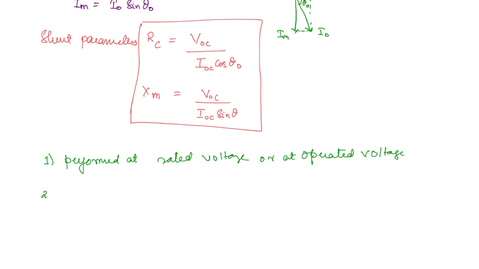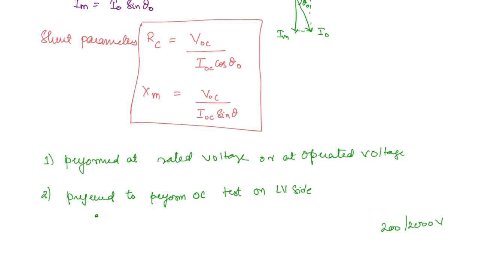The second, as I have already told you, is that it is performed on the LV side. It is preferred to perform the OC test on the LV side. Why is that? There are two reasons. The first is, if you consider, let us say, a 200 by 2000 volt transformer, we want to perform the test at rated values.